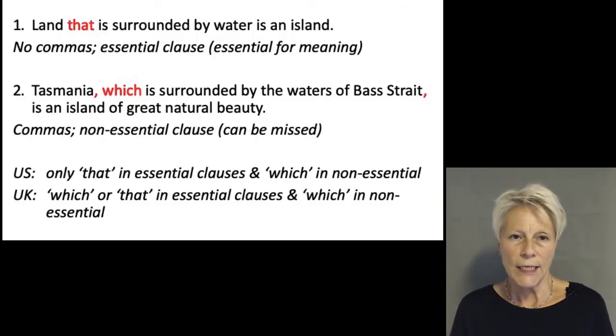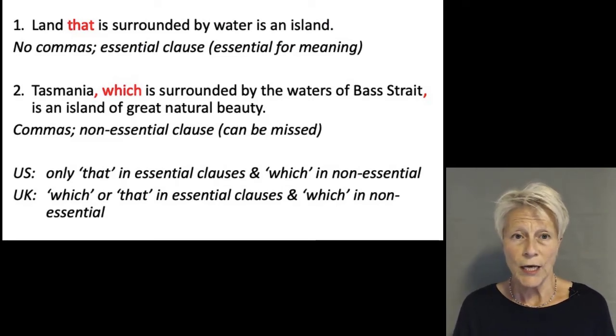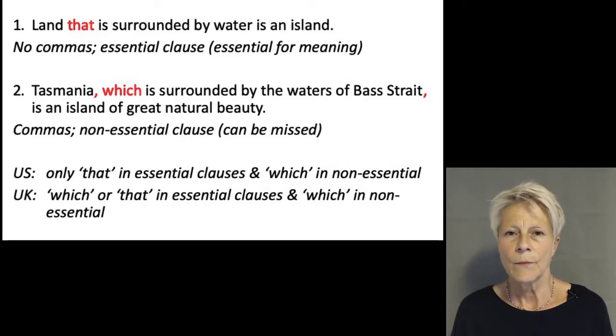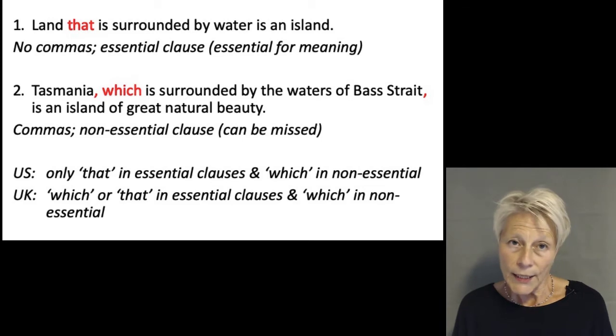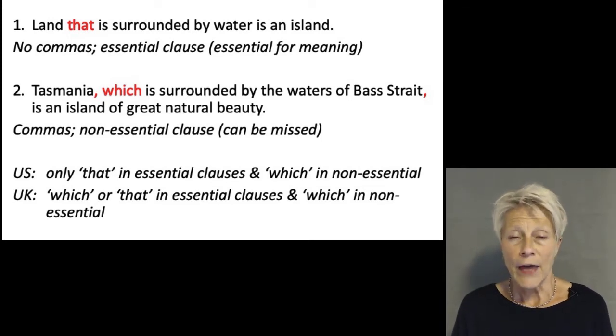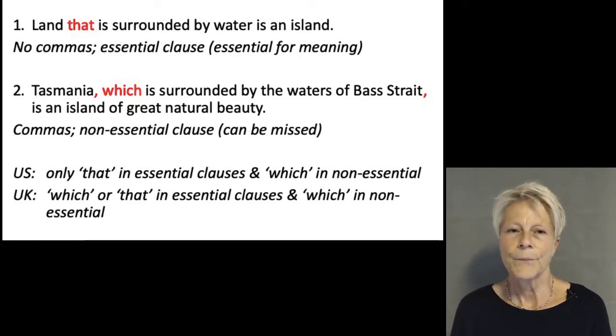Now, unfortunately, in British English, the distinctive use of which and that in essential clauses is less strict. So in the UK, in essential clauses, they use both. There's a choice. While in American English, this is different. That and which are strictly assigned to essential or non-essential use, which is also, of course, a clear signal for the reader.